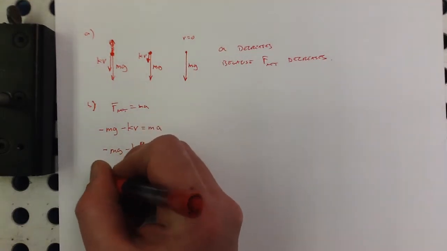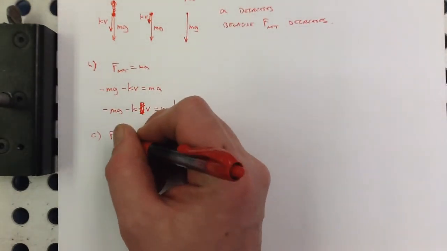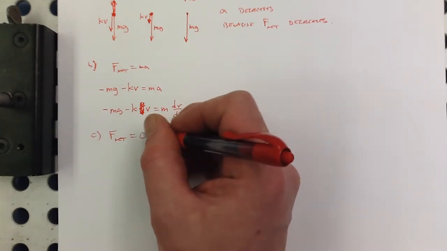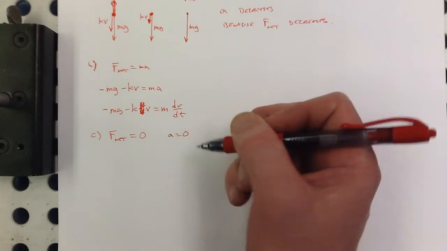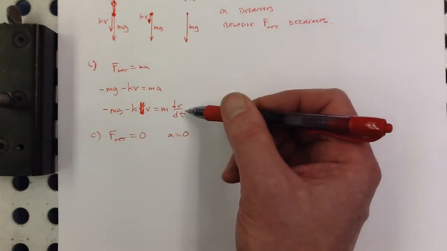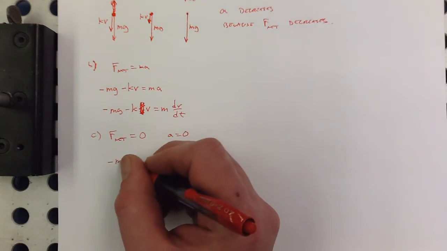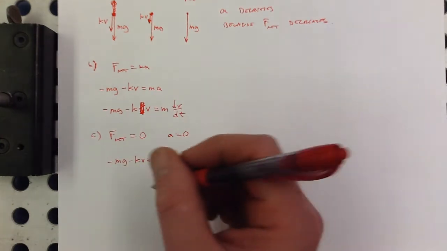Part C. Terminal speed. The terminal speed happens when the net force is equal to 0, and that's the same as saying that the acceleration is equal to 0. Going back up to here, if the acceleration is 0, we have negative mg minus kv equal to 0.